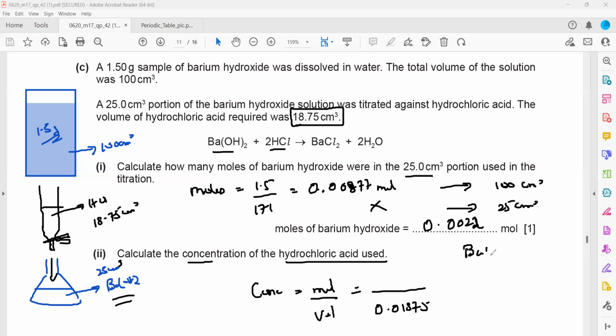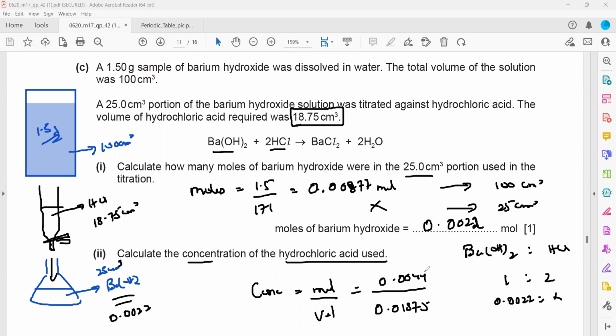But what about the moles? How to work out the moles? We have to take a ratio here between hydrochloric acid and barium hydroxide. The ratio is 1:2. So if the ratio is 1:2 and we have 0.0022 moles here, then x moles will be reacted according to the equation. We cross multiply, so it will be double that, 0.0044.